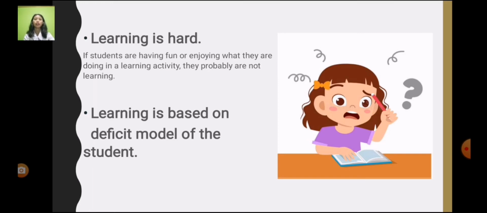Second is, learning is based on the deficit model of the student. The educational system's focus is on the weaknesses of the students, not on the strengths. As implied by the term, compensatory education is designed to make up or remediate learning that some children, particularly poor minority children, do not have, but which the curriculum and structure of schooling assume are common to all children.